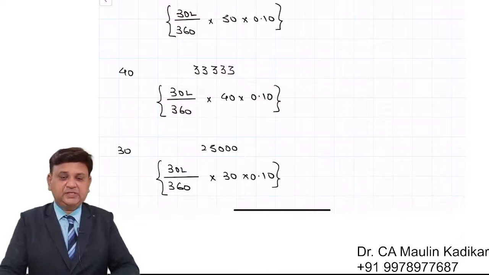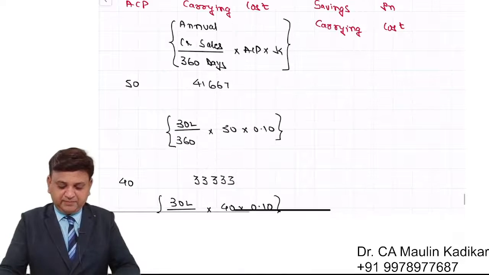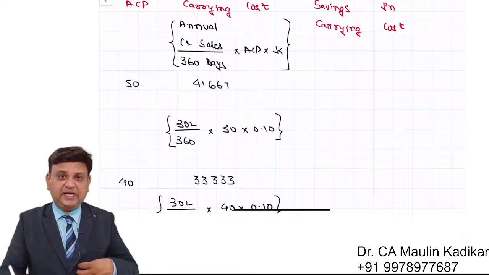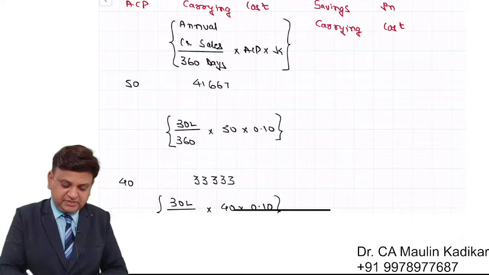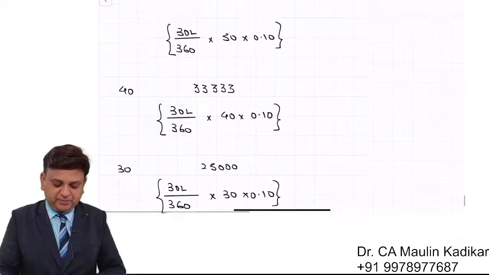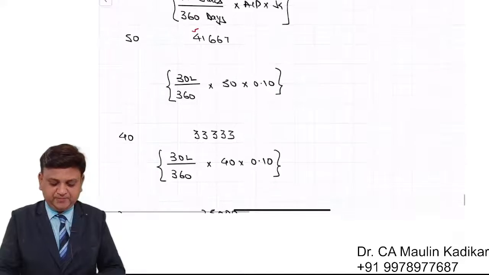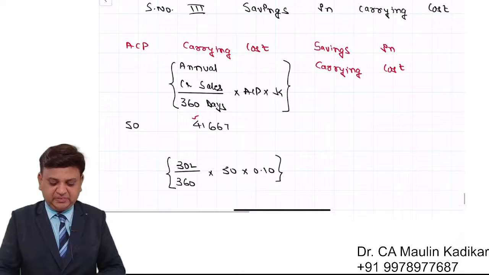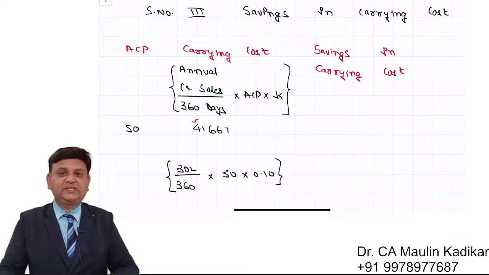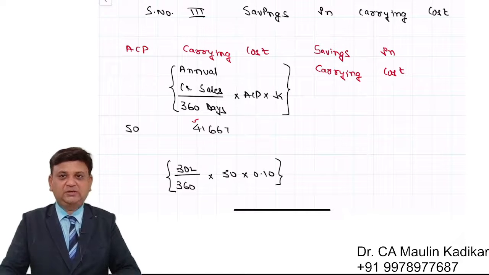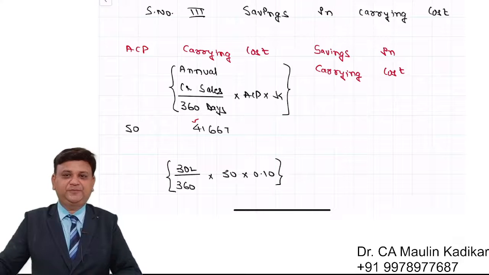So with the present collection policy, the carrying cost is 41,667. With the proposed one, it is going to reduce. I want you to write in the chat box what would be the savings in the carrying cost with the proposed collection policy. Write the answer in the chat box.